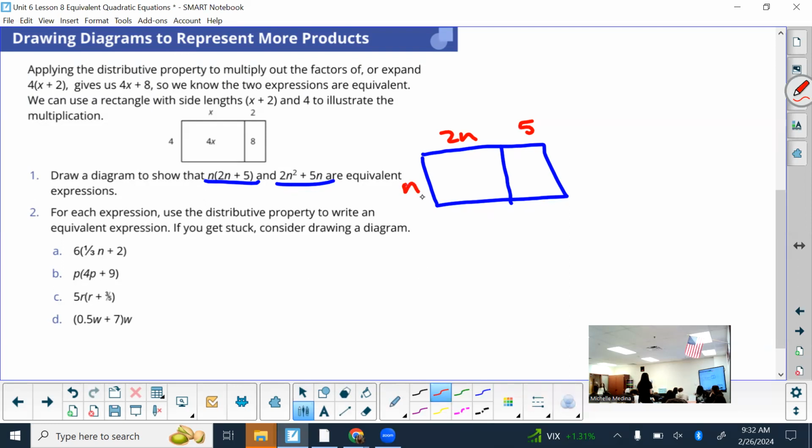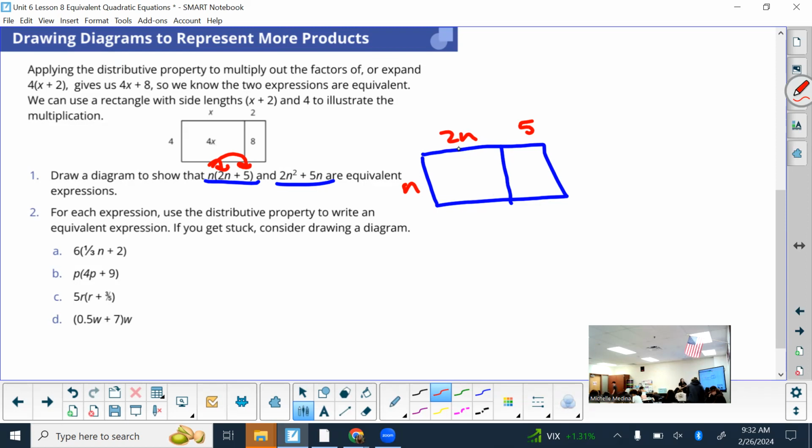N. All right, and then what is inside would be our areas. That's what we get from multiplying the dimensions, which is the same thing as applying the distributive property. You have to multiply the outside number by the inside numbers, or use this area diagram.